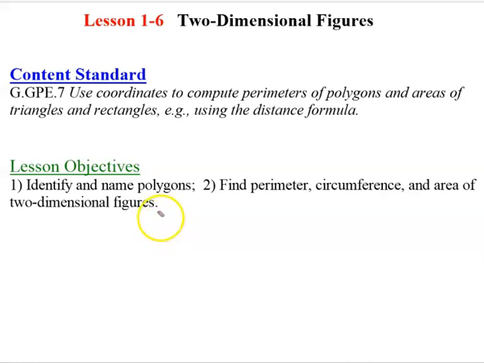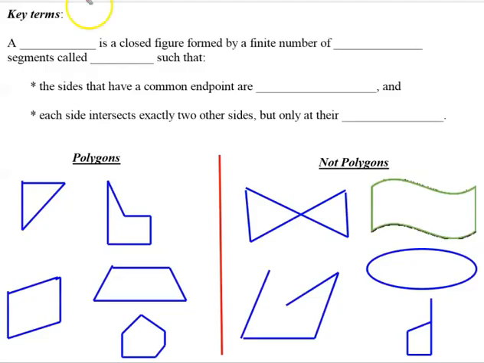So that's our goal today, and so let's get started with defining some important terms that will show up in this lesson. So the first term we will identify is a polygon.